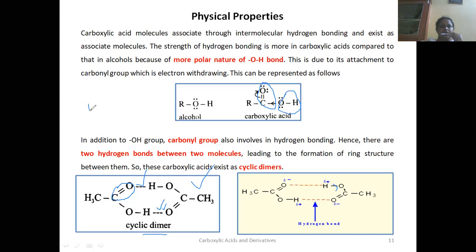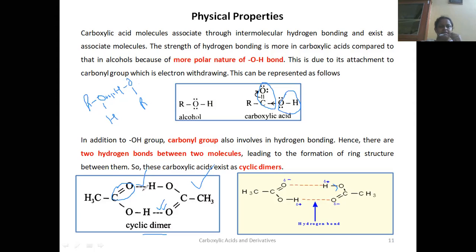Whereas if you see alcohols or water, how do you write the hydrogen bonding in alcohols? I'll write here. We have taken oxygen. What is the other atom I have to write here? I have to write the hydrogen of alcohol, and R here. So this is the hydrogen bonding. We can say only one hydrogen bond is possible between the molecules of alcohols or water.